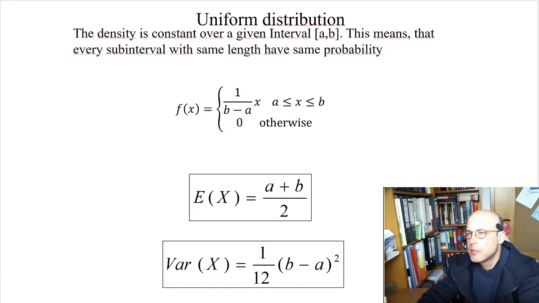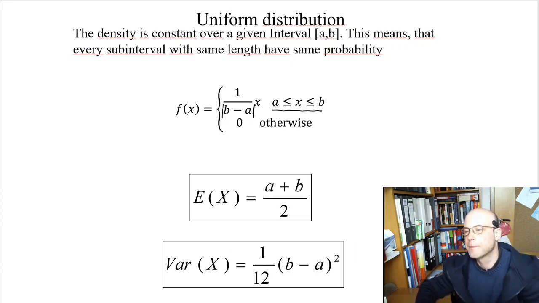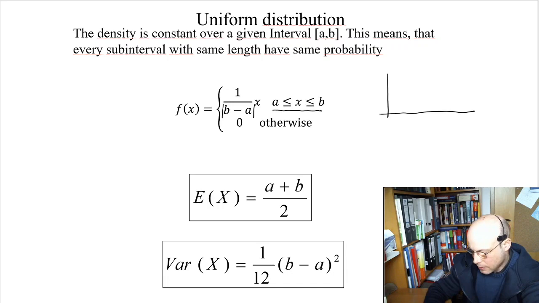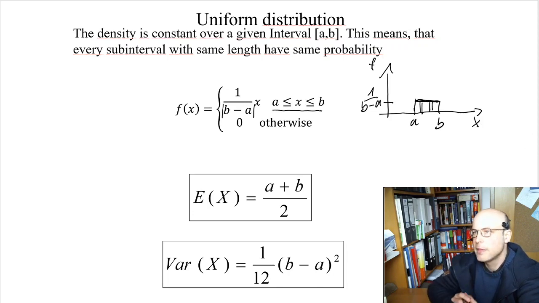And this just means if our interval has the length b minus a, then the height of our distribution function has to be just 1 over b minus a. So a uniform distribution just looks like this. And then, of course, if this is a constant here, then every interval with the same length has the same probability.